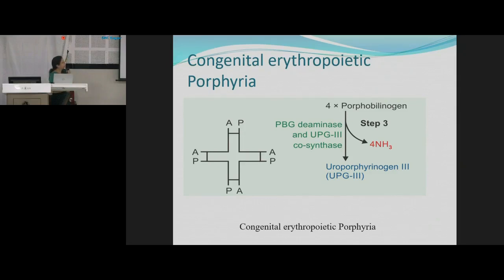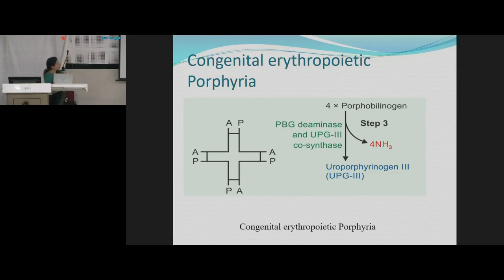And this deficiency of this enzyme leads to congenital erythropoietic porphyria. So what happens in congenital erythropoietic? Now this is the autosomal recessive porphyria. Now remember, all porphyrias are autosomal dominant except this congenital erythropoietic porphyria, which is autosomal recessive.